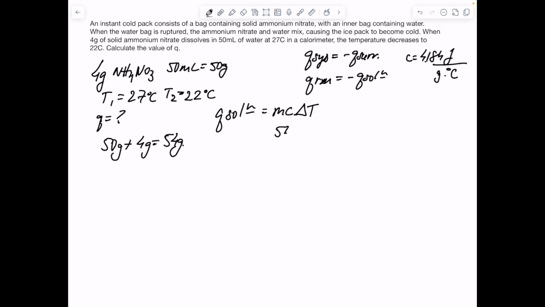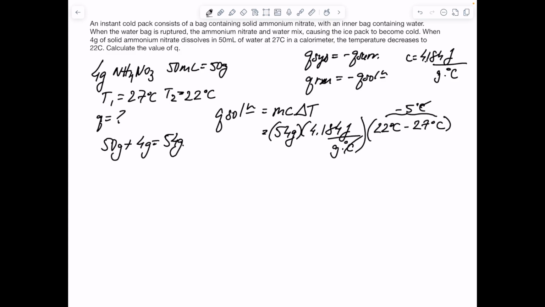So we have 54 grams times 4.184 times T2 minus T1. So 22 Celsius minus 27 degrees Celsius. And that is -5 degrees. Cancels out. Our final answer will be in joules.